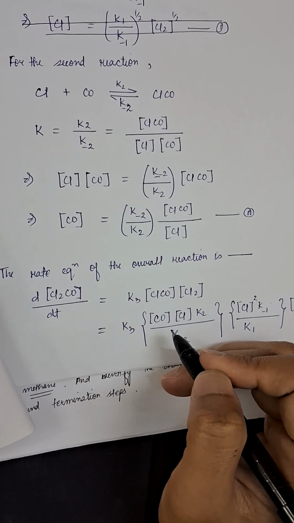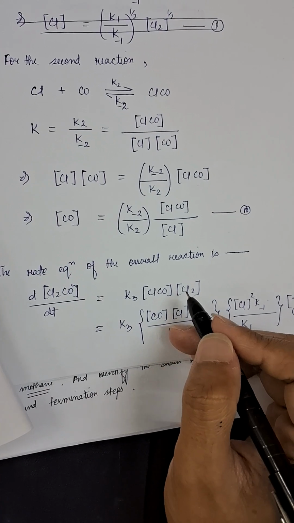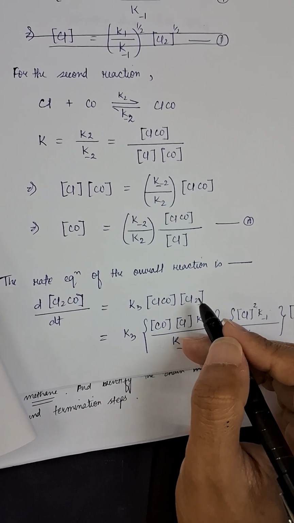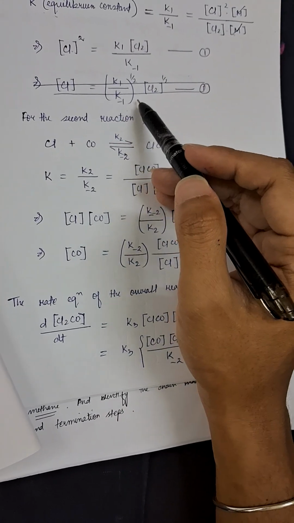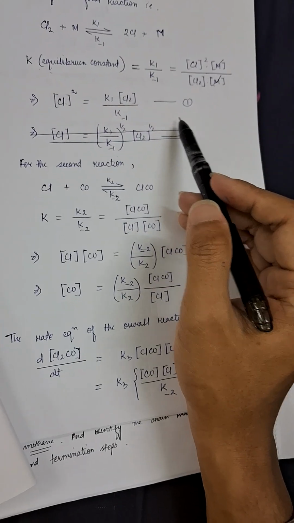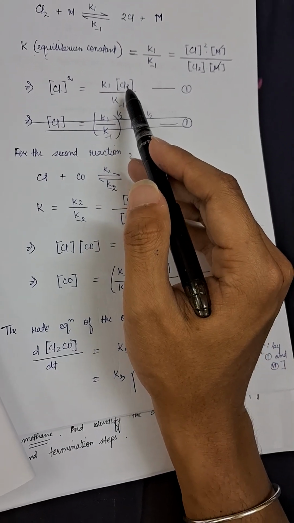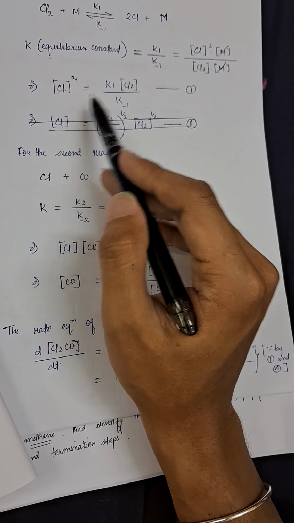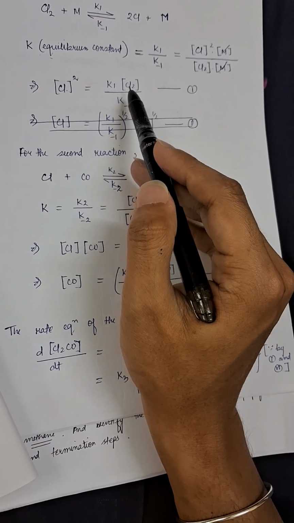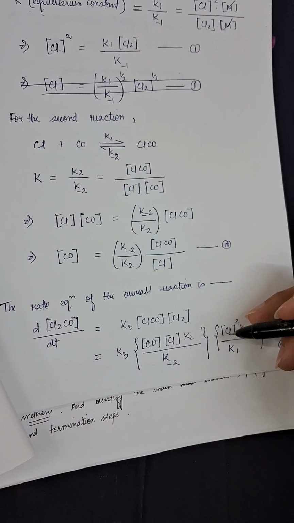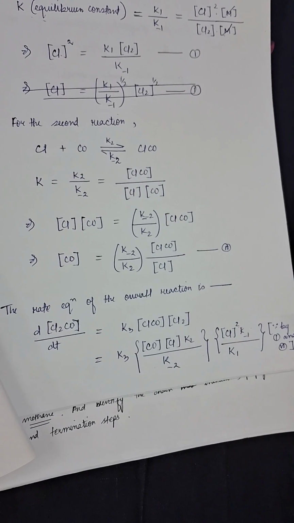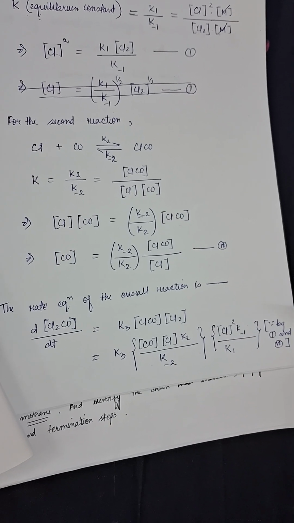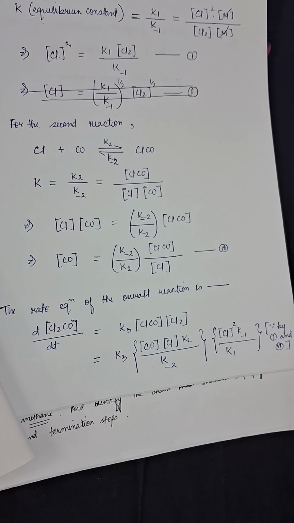Then I apply it here, and then for this Cl2 I use it from this one. I keep only the Cl2 here, I transfer this K negative 1 this side, K1 this side, and then I got the Cl2 value. I applied it here, and then the process is done.